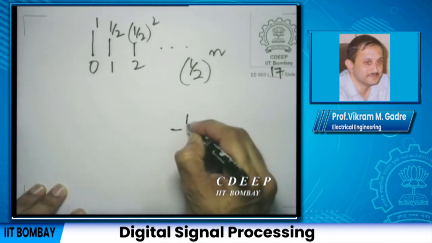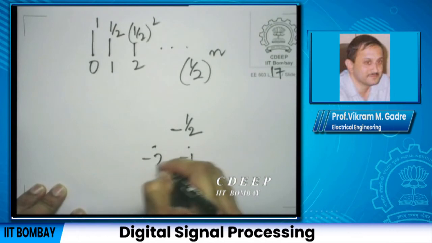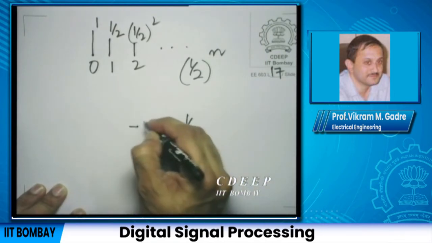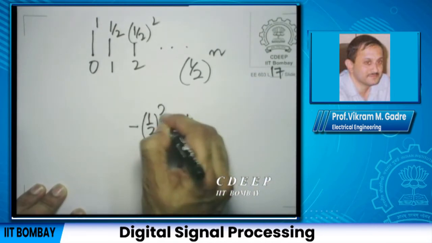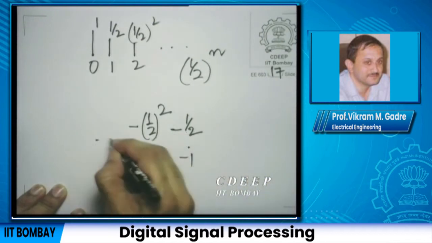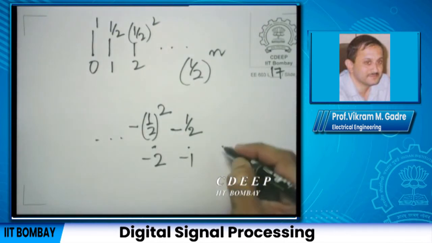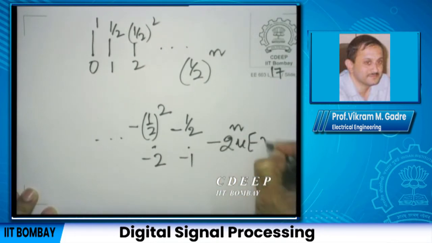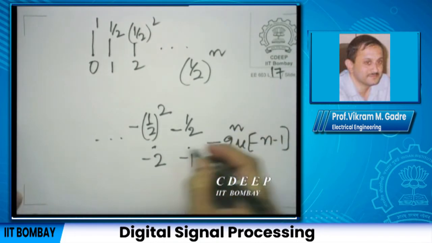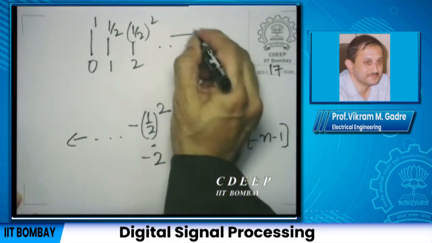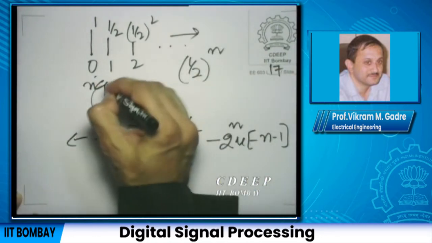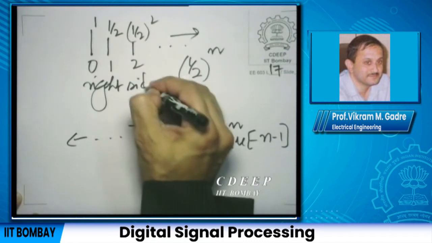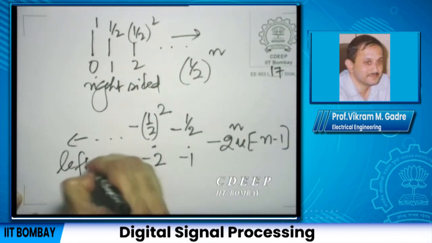So, minus half. At minus 2 it takes the value minus half squared and so on and so forth. So, this is minus 2 raised to the power of n u minus n minus 1. This is right sided, this is left sided.